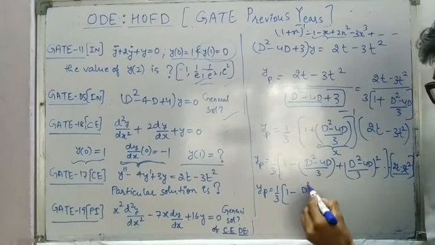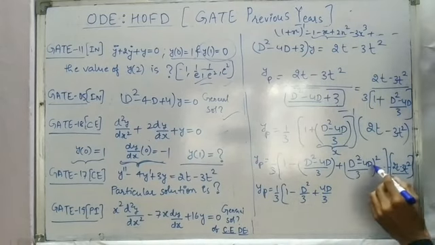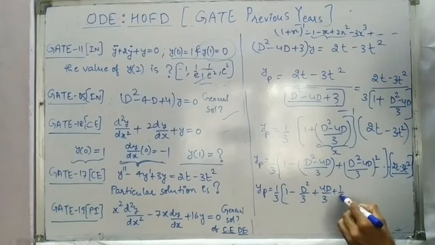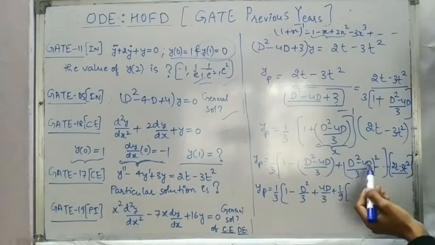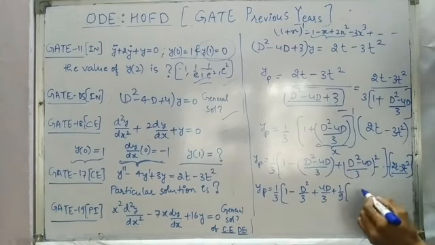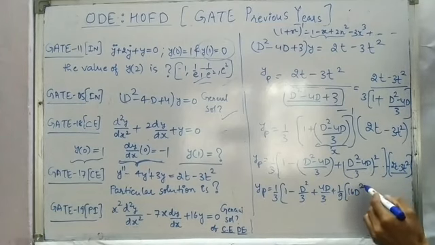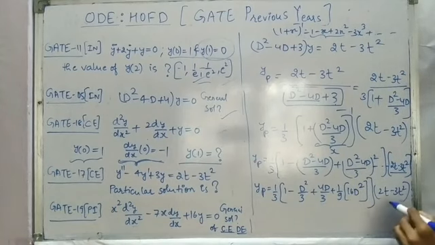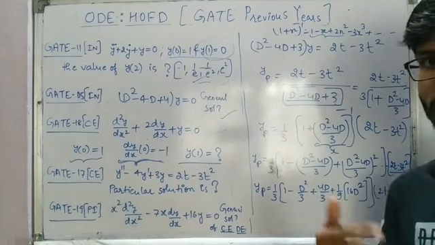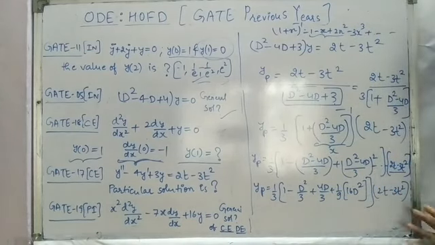So this is nothing but 1 minus D square by 3 plus 4D by 3, and a square, sorry, first we will take 1 by 9 out, 3 square is 9, and D square minus 4D whole square is nothing but D power 4 plus 4D whole square, so 16D square, and minus 2ab, which is going to be third order. So let's neglect that and write 2t minus 3t square, right? If we expand this, we are going to get terms like D power 4, D square and D cube. So only up to D square we have to take, so I have taken that.